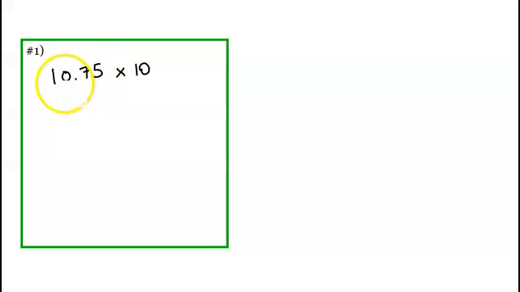If I have 10 and I'm trying to make it bigger by multiplying it by 10, well, you know 10 times 10 is 100. So let's see what happens when I move that decimal point over to here. What do I get? I get 107 and 5 tenths. 107, that's pretty close to 100, right? Remember we said 10 times 10 is 100. There we go. Move the decimal over.